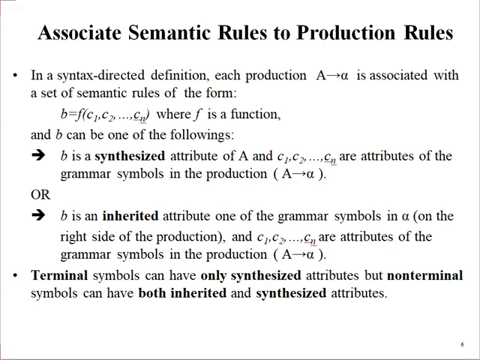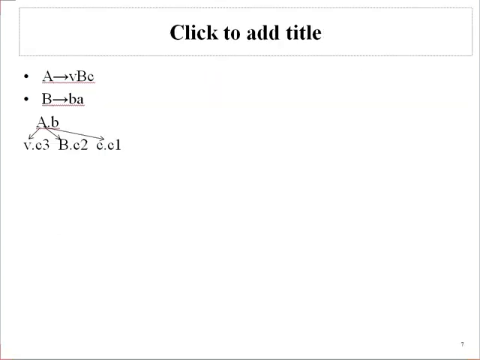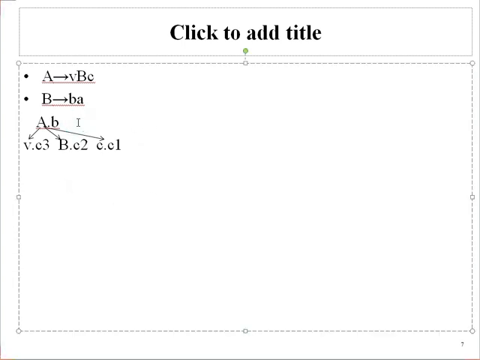The attribute B is a synthesized attribute of non-terminal A if the calculation of this attribute is from the child.